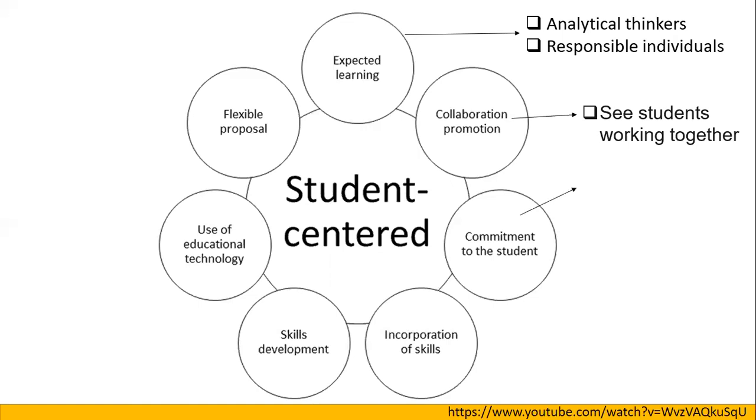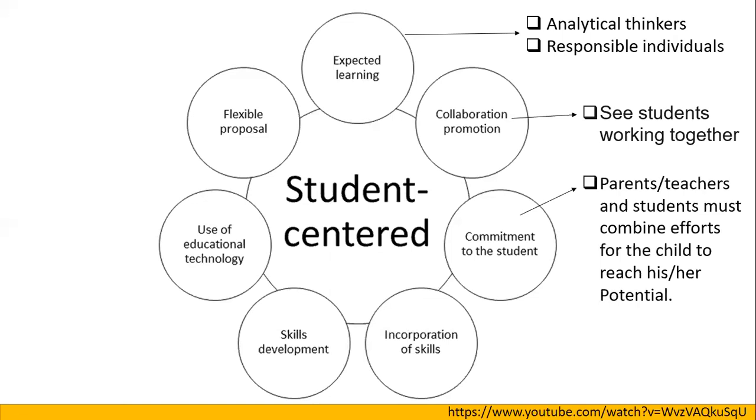Commitment to students: parents, teachers, and students. There is a terminology called the triangle process. What is the triangle process? The triangle process is when parents, students, and teachers combine their efforts for what?